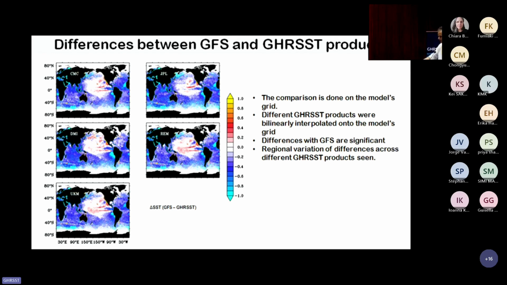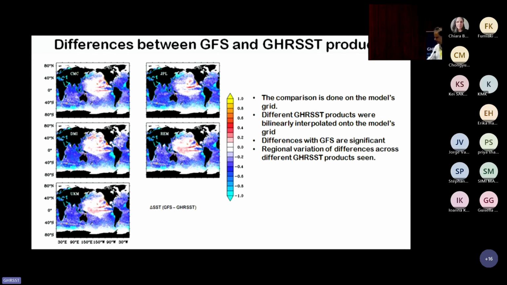For example, for the Canadian Meteorological Center, we have differences over the Indian Ocean which are around 0.5 to 0.8 K, while there are fewer differences over the Indian Ocean in the Remote Sensing Systems product, whereas the same product has large scale differences over the Pacific, especially near the west coast of South America. What I mean to say is that there are regional variations of differences across different GHRSST products.